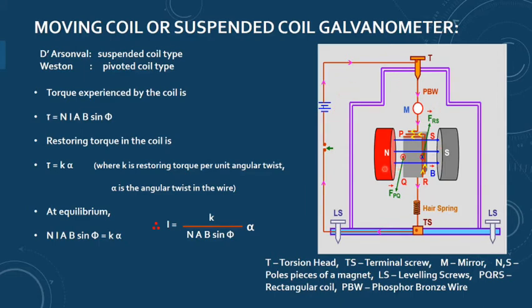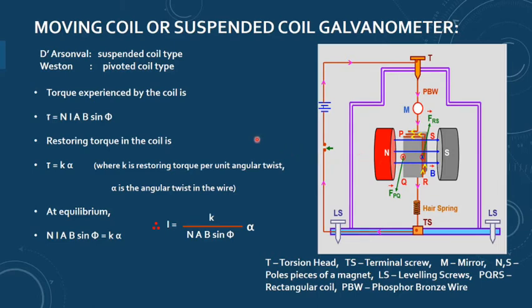The basic principle is the same for both, whether I use the D'Arsonval or the Weston type galvanometer. We make the coil rotate under the effect of the magnetic field, and as a result the deflection is produced.